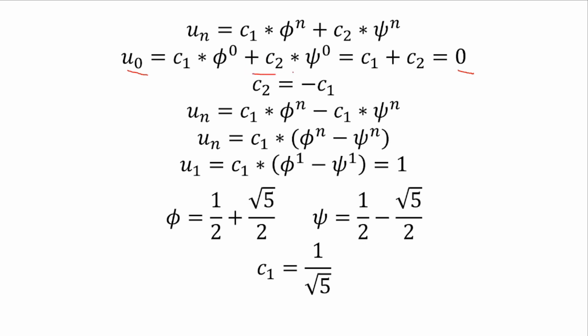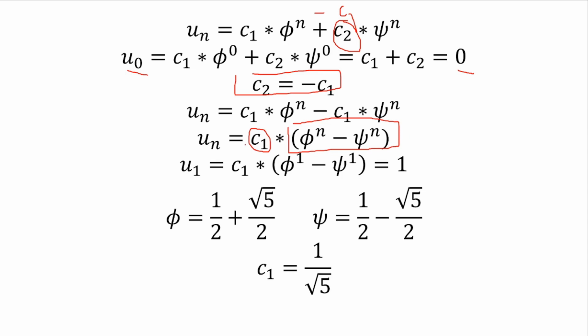This means that c2 equals negative c1, so we can replace it by negative c1, take c1 as a common factor, and we are left with phi to the n minus psi to the n.